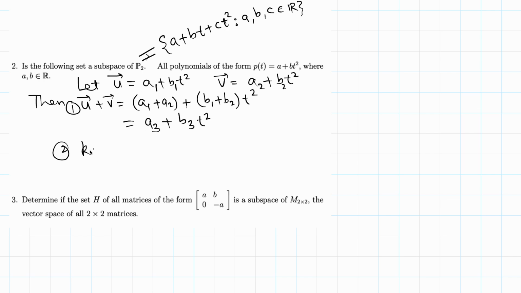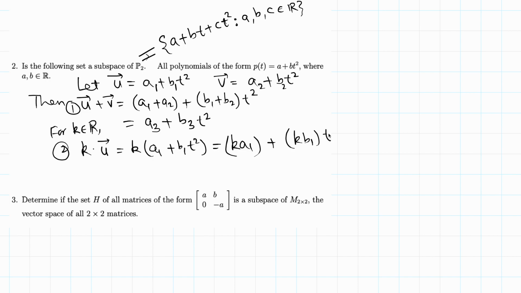If we have k times u, where k is any real number, and u is of this form a1 plus b1 t squared, if we multiply, we just distribute: k a1 plus k b1 t squared. k a1 is just a number, we can say another real number, c1, and this one we can call d1 t squared, and this is also of this type, a number plus a number t squared.